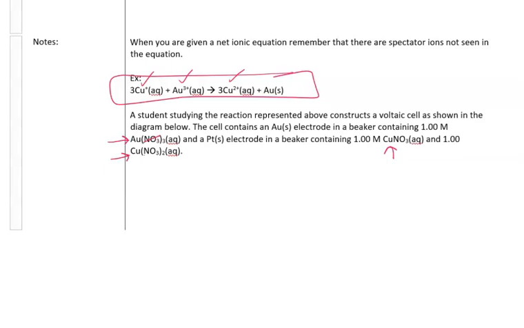And nitrate is, we know, usually a spectator ion. So just keep that in mind that this nitrate is probably a spectator ion. So these copper and gold ions are probably the copper and gold ions in this equation. So just kind of keep that in mind as you start trying to tackle these FRQs.